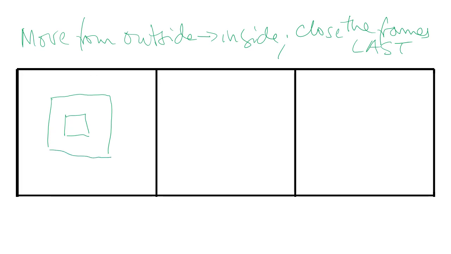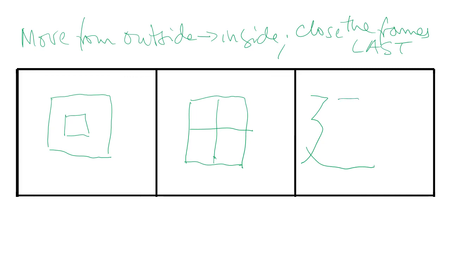This means to return or to reply. Here's another one. You put the stuff in the middle first and then you close the frame. That's a field. Or outside to inside, that's the outside. And this is the inside. That means to build or to construct.